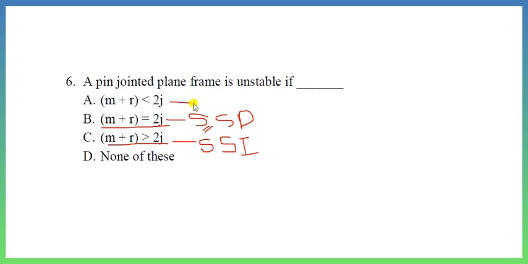And third condition is if m plus r is less than 2j, in that case that structure will be unstable. So option A is the correct answer.